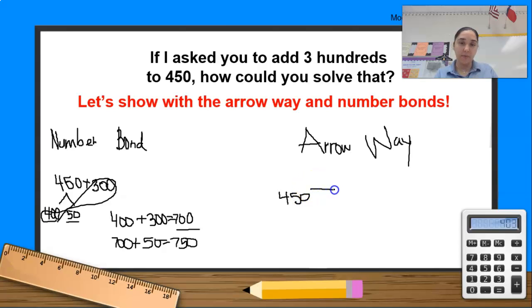I make the little arrow plus 100 gives me 550, but I'm not done counting all the way to 300. So I'm going to add 100 one more time, plus 100. That gives me 650. I write the arrow, plus 100. That gives me 750.